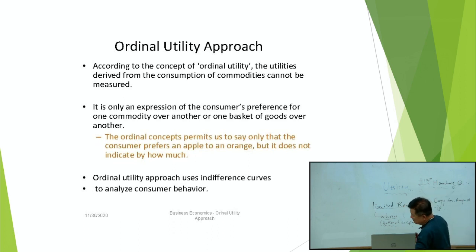So it's preference. There are apple and pineapple. Which do you choose? Okay, preference. I like apple better than pineapple, something like that. At this time, we use ordinal utility, okay? The ordinal concept permits us to say only that the consumer prefers an apple to an orange, correct?